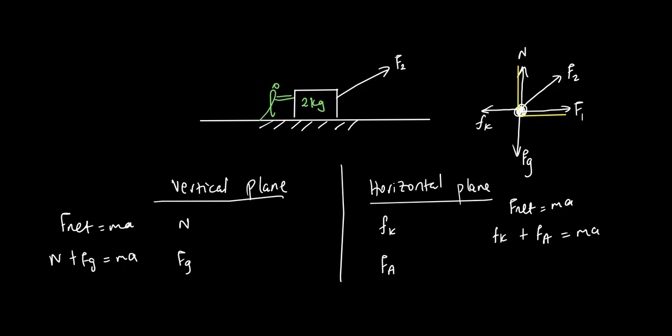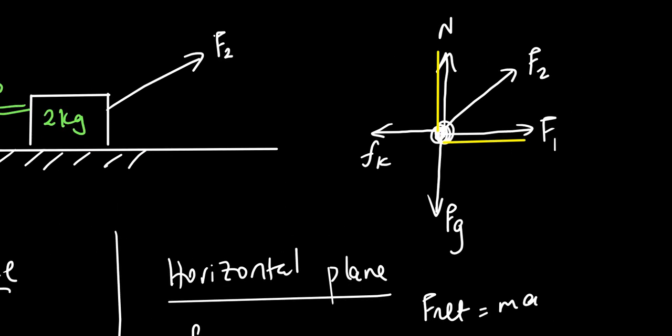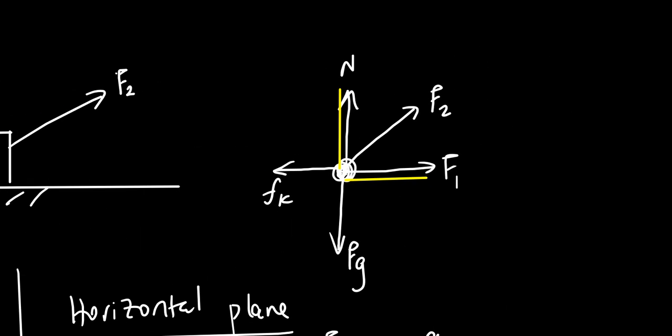Are you able to see this? There is a part of it that is acting to the right, and there is a part of it that is acting upwards. Itself, F2, we're not going to include it in the calculations, but we're going to include its parts.